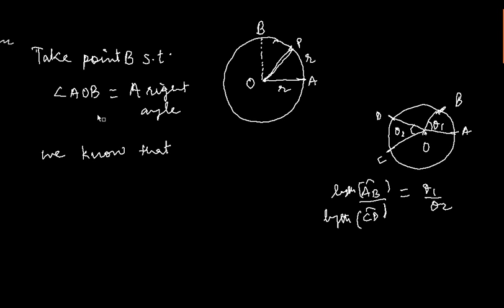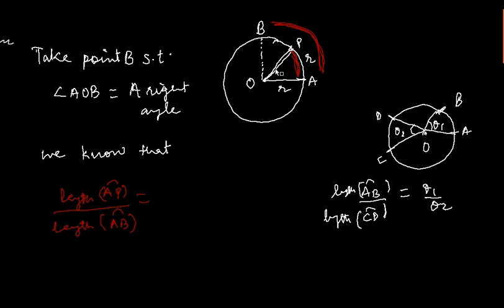So here we have this arc AP and this arc AB. Length of arc AP divided by length of arc AB is equal to the angle subtended by AP divided by the angle subtended by AB.